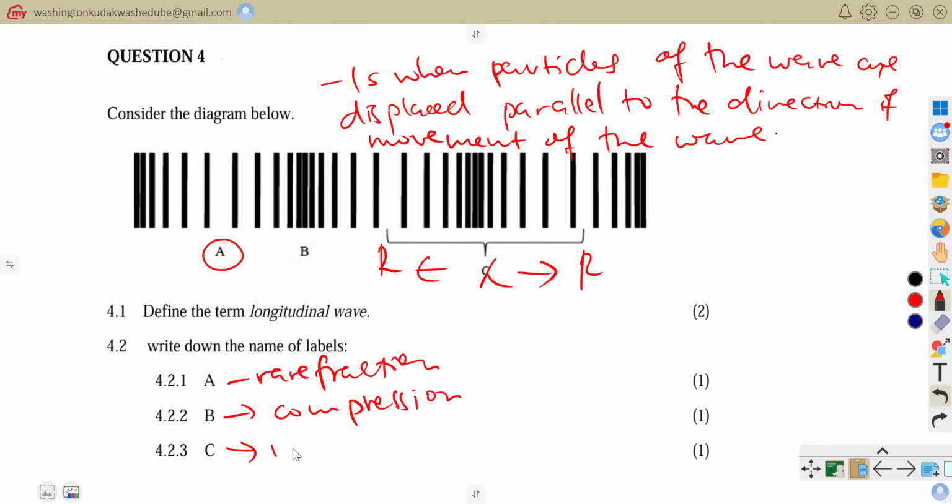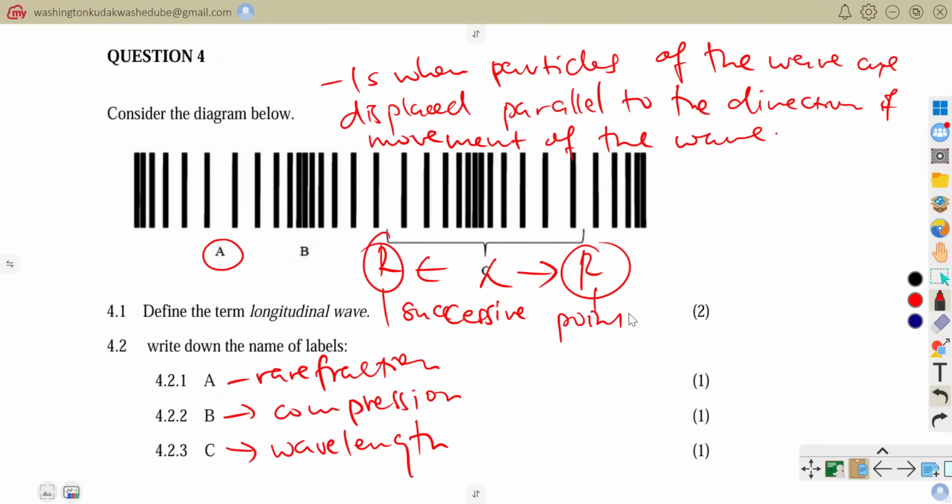Whenever we have two successive points in phase, that becomes the wavelength of a wave. So that was what you were supposed to write there.